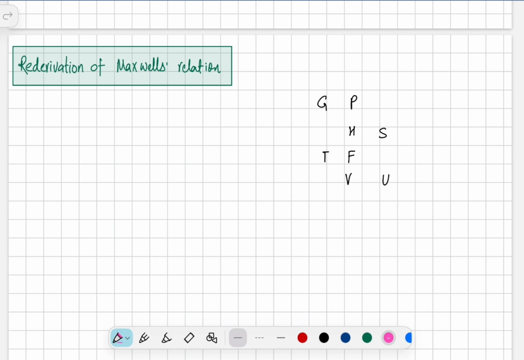Okay. So now I need to connect the potentials with the thermodynamic variables, this and this, and U will connect in this way, and H will connect in this way. So first of all, let's start with the first thermodynamic potential, the internal energy.